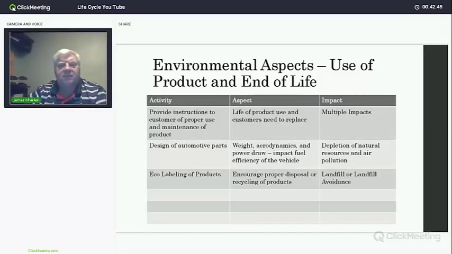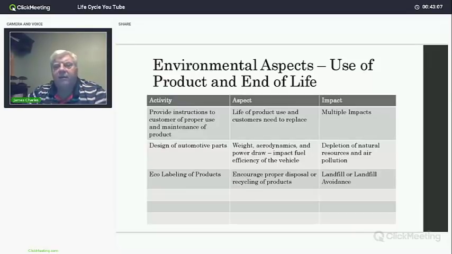Our friends at BASF, they may produce a chemical that requires them to send an SDS sheet. They may have to tell the transporter, here's the hazards of our chemicals. In the design of an automobile, well, what are the design parameters associated with our product?